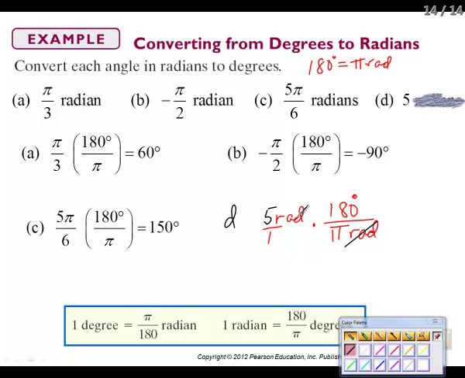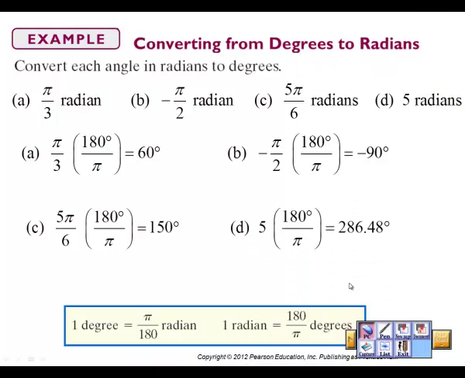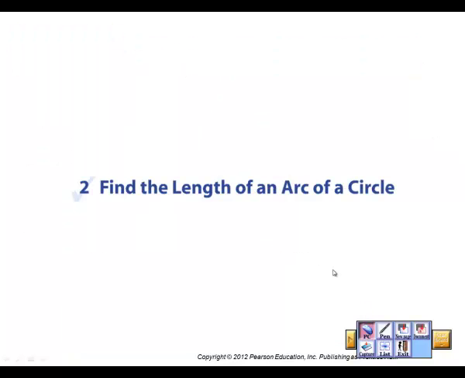And now the radians can cancel. And so the way you're going to enter this in the calculator, this would be 5 times 180 divided by pi. And again, the radians are going to cancel out.